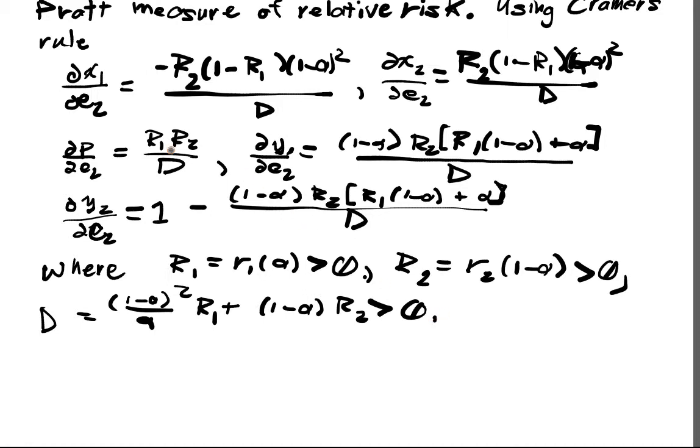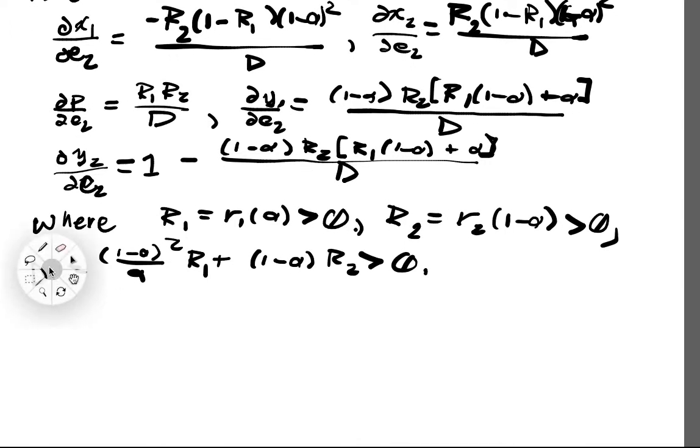So that's great. So now that we have these derivatives, we can ask, as I move around numbers, as I change E2, how is everything else going to change? So a couple of observations. This is what you do at the end of this analysis.